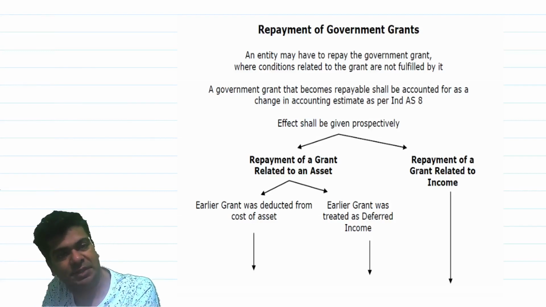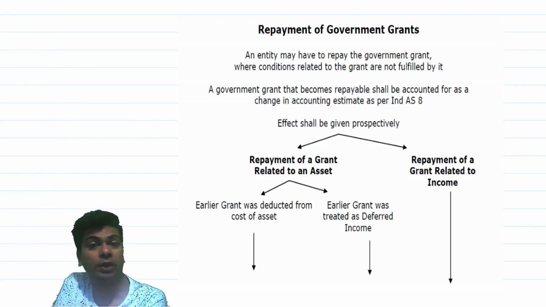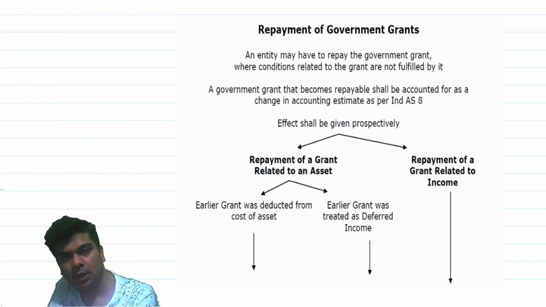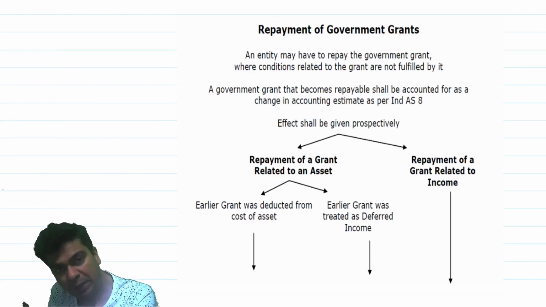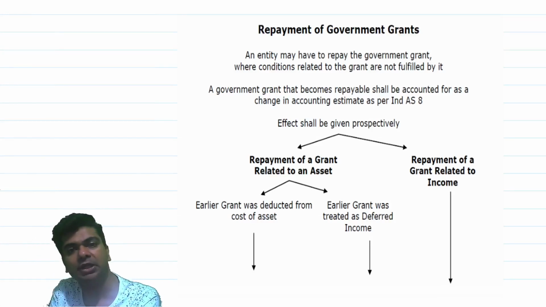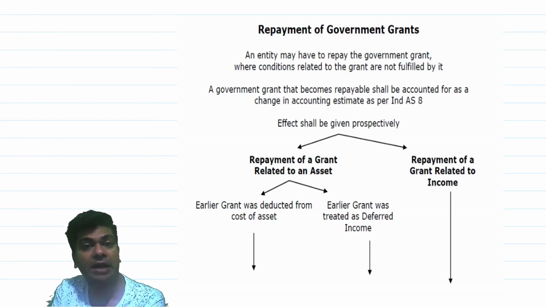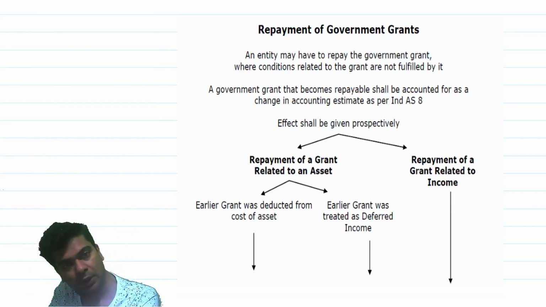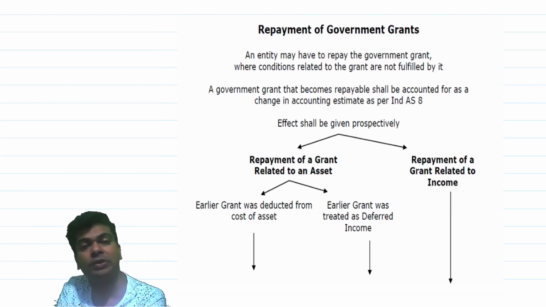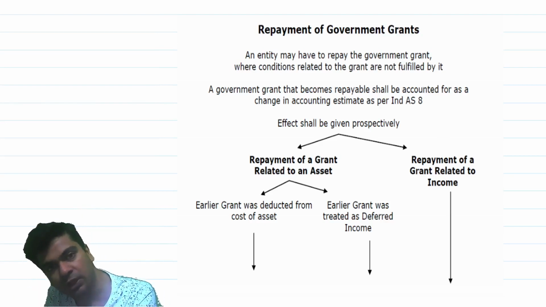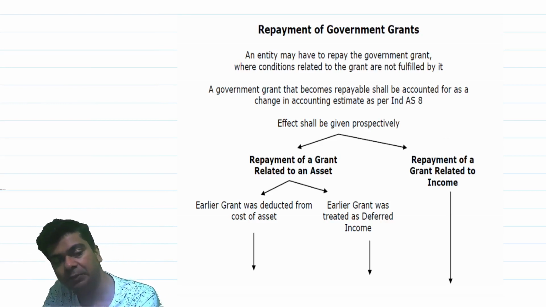Till now we were discussing how we should carry out the accounting of government grants. Remember one thing, the majority of government grants are conditional grants. There is some government scheme. Pursuant to that government scheme, grants will be disbursed to the entity. The entity will have to give a reasonable assurance to the government that the conditions attached to the government grant shall be fulfilled by the entity.